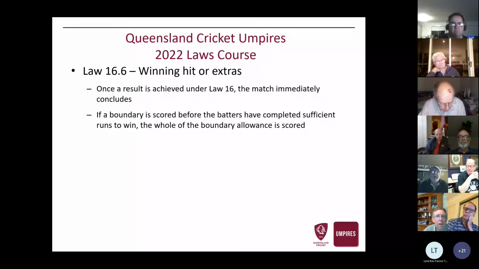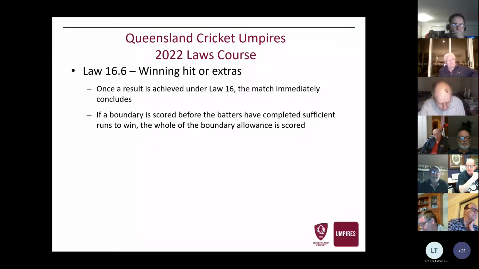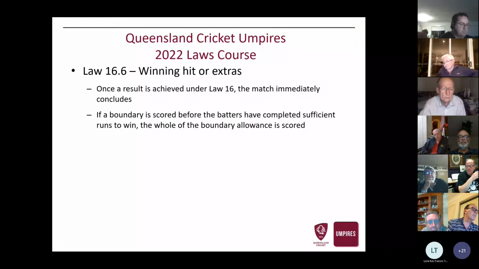In terms of when a match actually ends, so the winning hit or extras. Once a result is achieved under Law 16, effectively when a winning hit is completed, the match immediately concludes at that point. So it's important to know that if a boundary is scored before the batters have completed sufficient runs to win, the whole of the boundary allowance is scored.